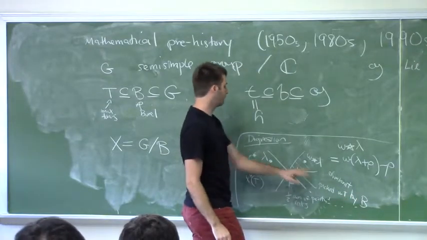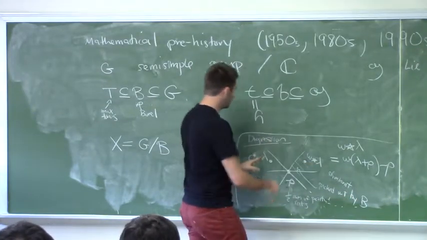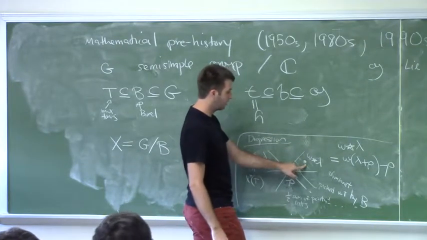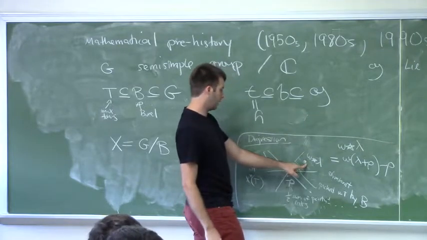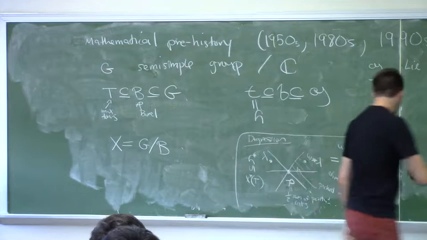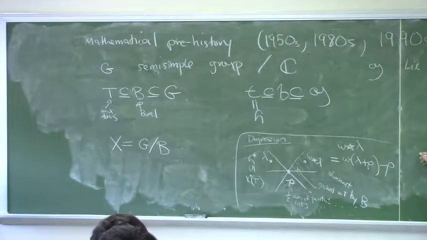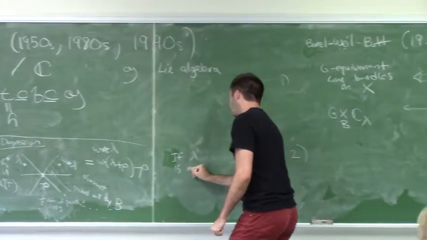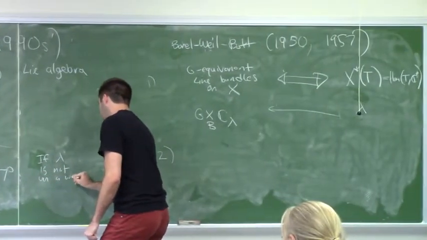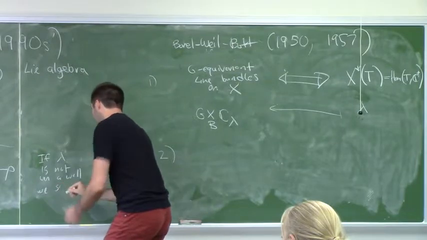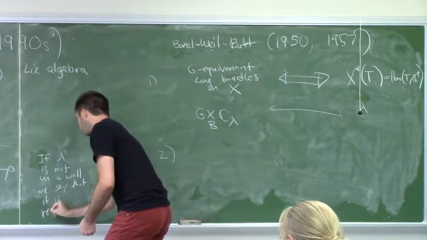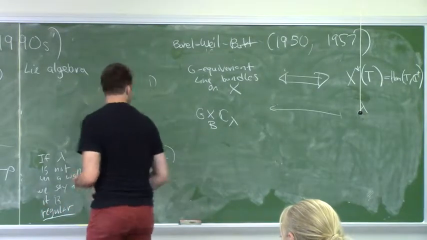And then we say that something in this chamber is dominant, and the first bit is that for any lambda that's not on one of these walls, there is a unique element of the Weil group that takes you here, so that's called W. And then we say that if lambda is not on a wall, we say that it's right there. Okay, so that's the first bit.